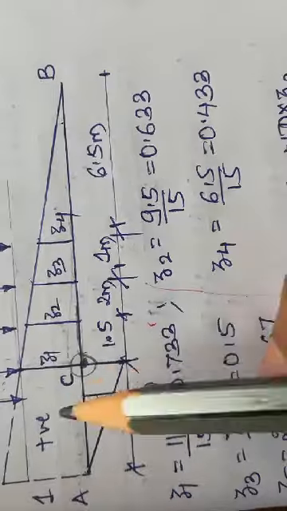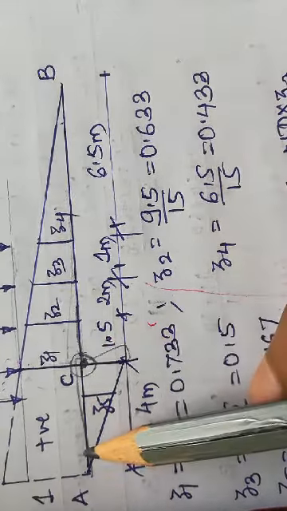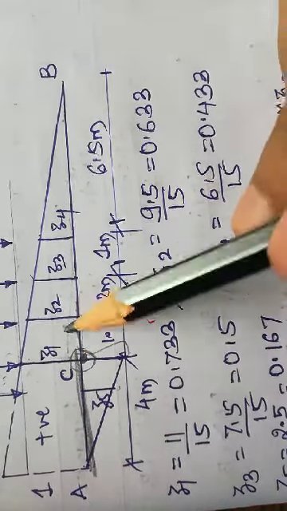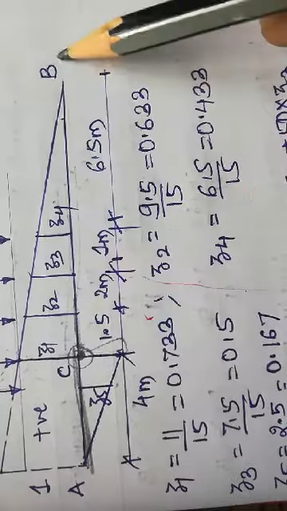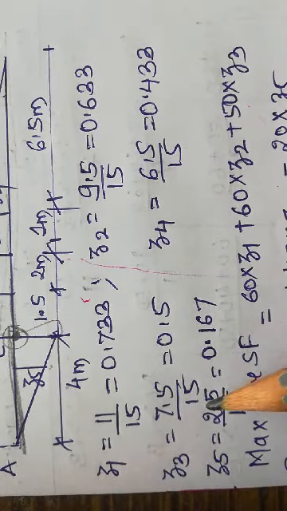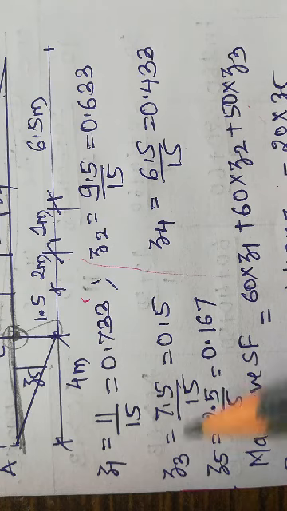For Z5, the larger triangle will be the base is AC. For Z1 to Z4, the base is CB. Only that check you have to take into consideration.